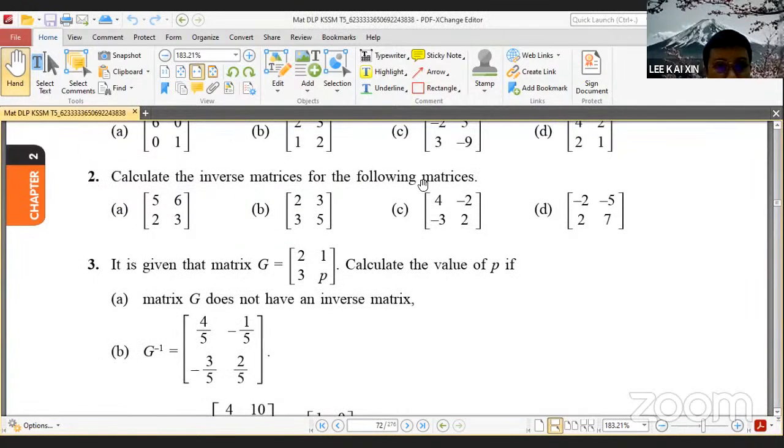Okay, calculate the inverse matrix of the following matrices. I just do C from here.